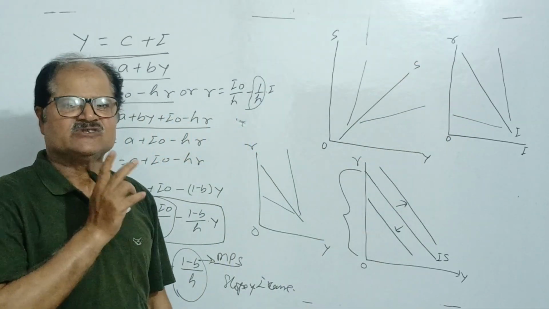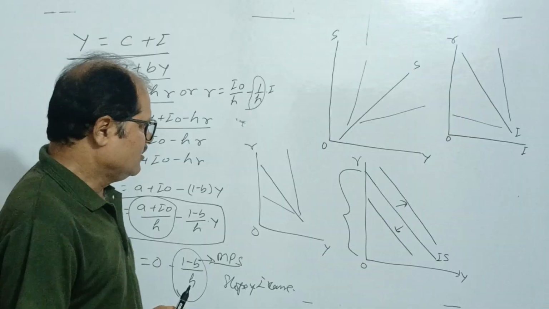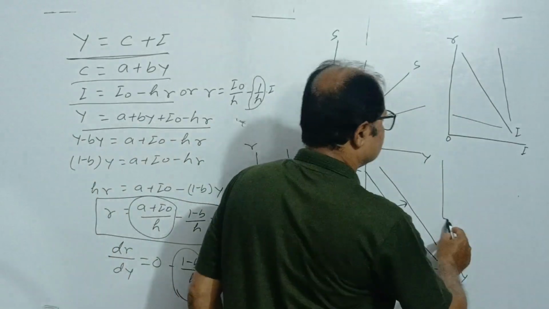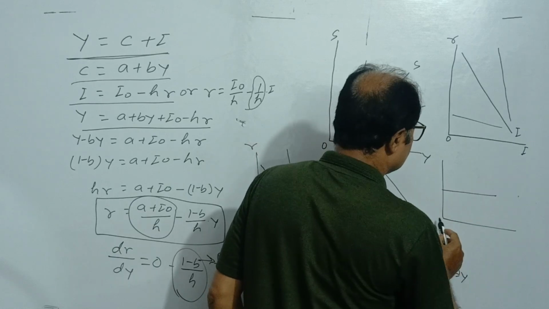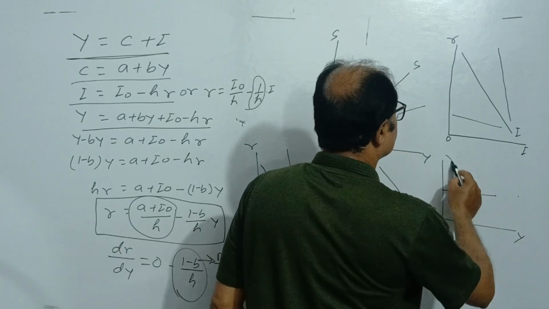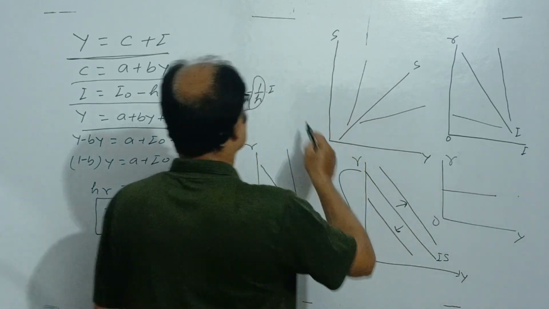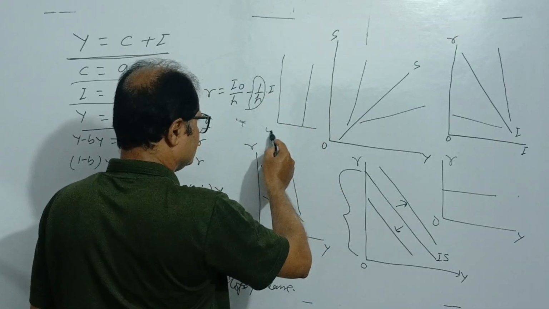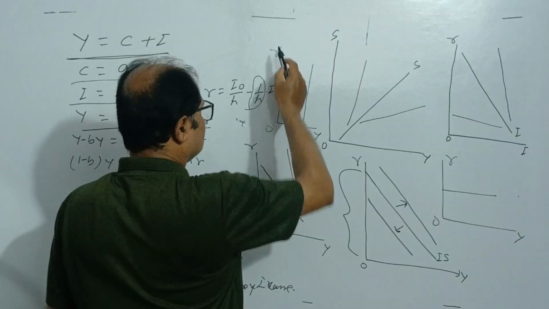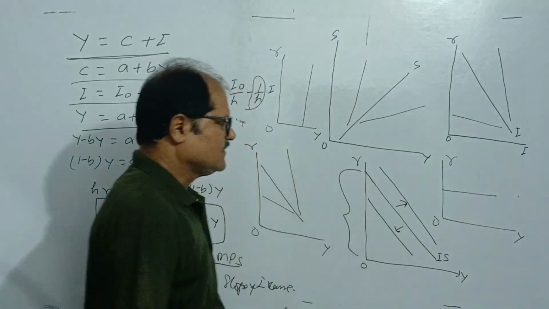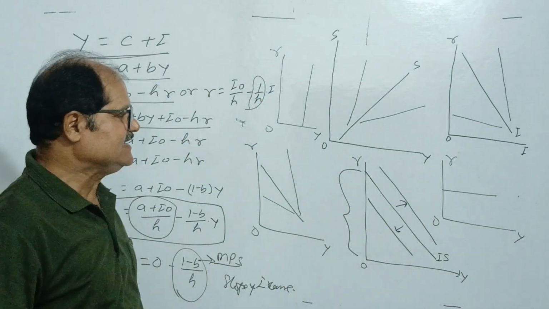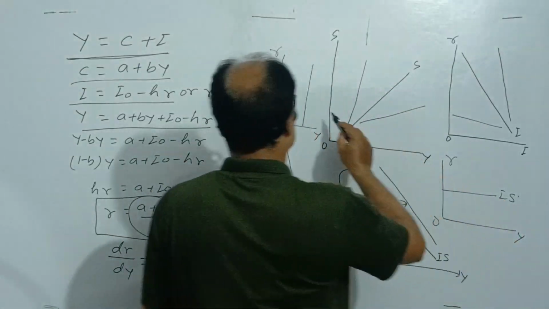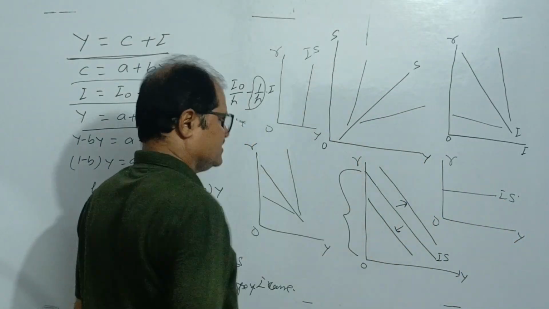Now, two extreme situations. One case in which the IS curve becomes horizontal like this one, and the other case in which the IS curve becomes vertical like this one. What are the conditions in which we can have this kind of IS curve or that kind?